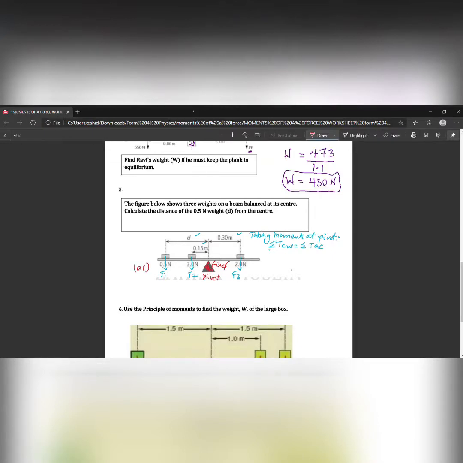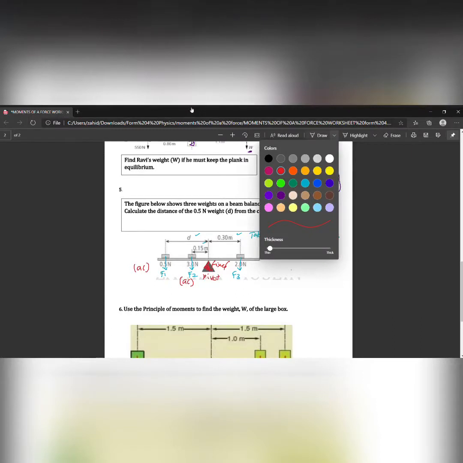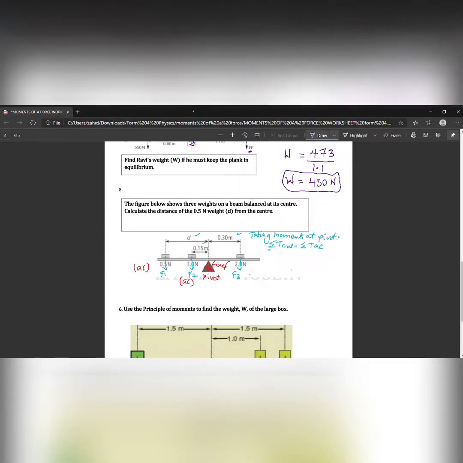What about F2? Only looking at F2 alone, we are pushing down at F2. Same concept, anti-clockwise direction. But what about F3? Not because it is on your right-hand side is it going to be different. Our position of the pivot is very important. When I do the next video, I will explain a little bit further about that.